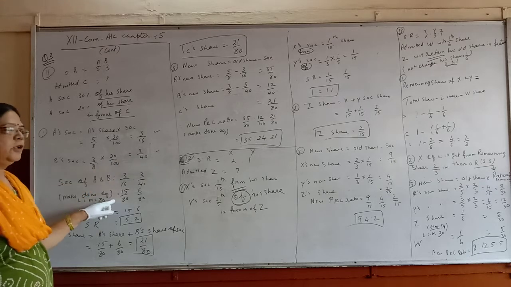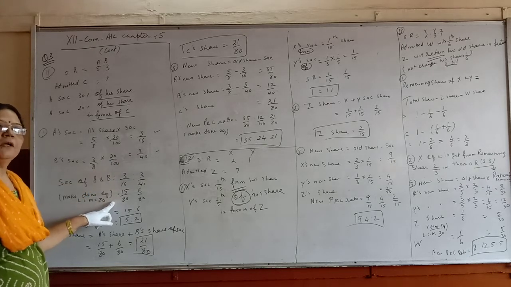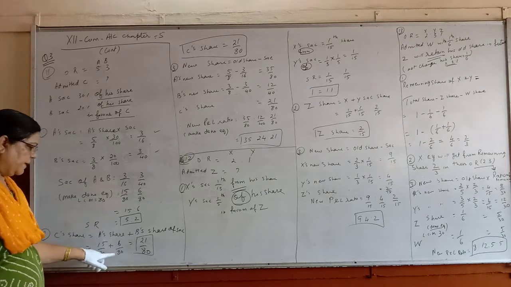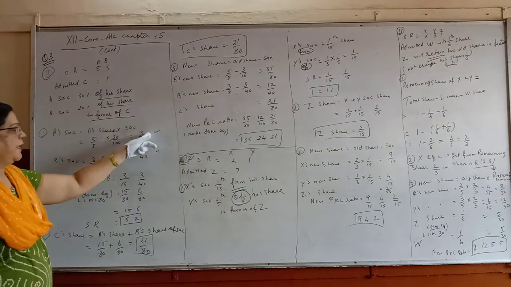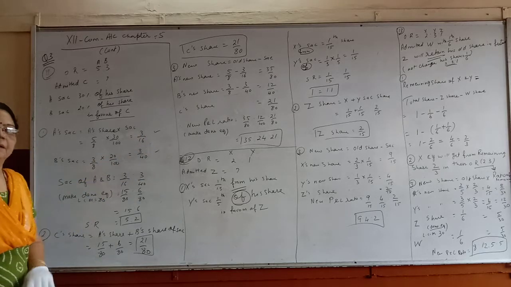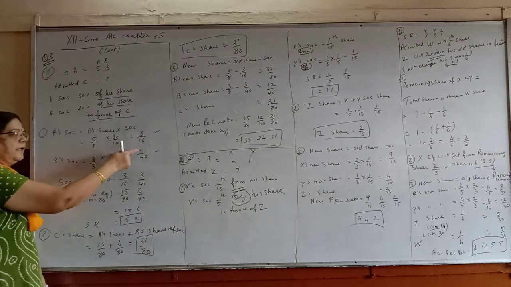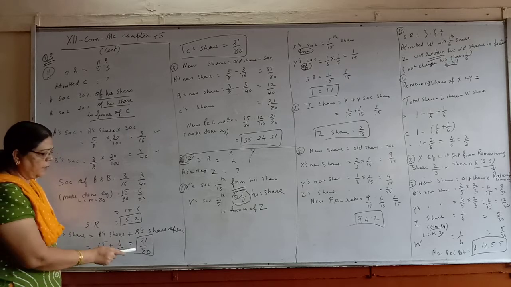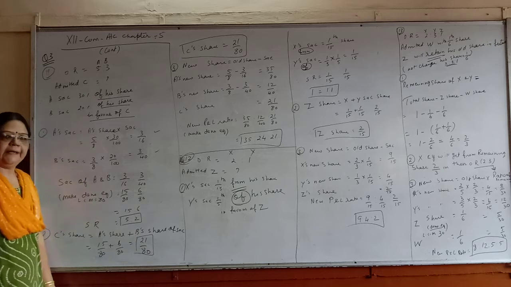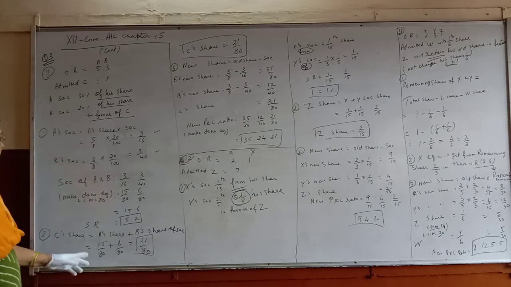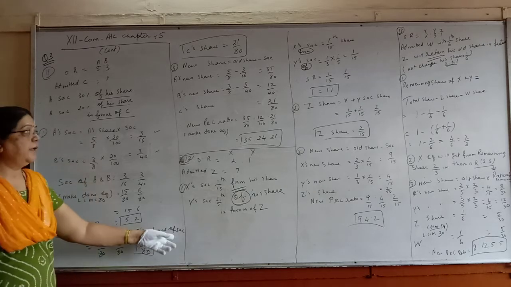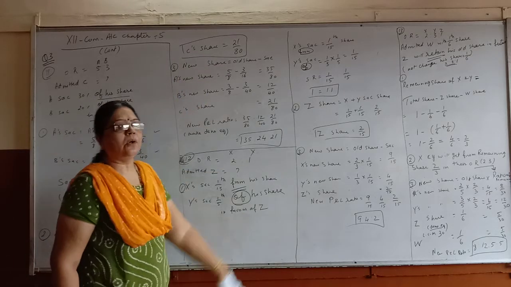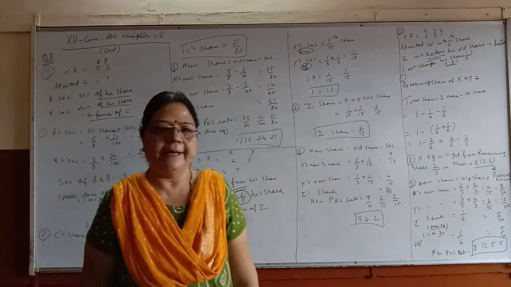So we have made the denominator equal so it will be easy to add: 15 upon 80 plus 6 upon 80, you will get 21 upon 80. The sacrifice of the two persons will be the new partner's share. So C's share is equal to 21 upon 80.